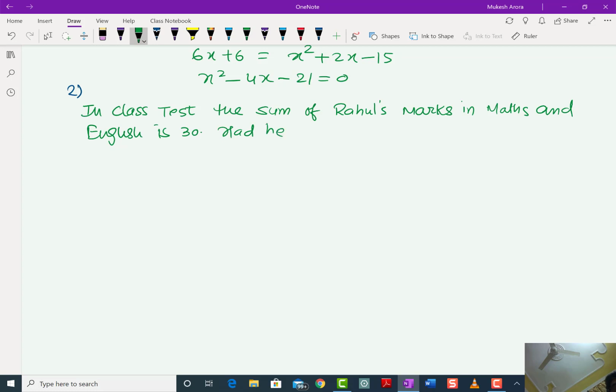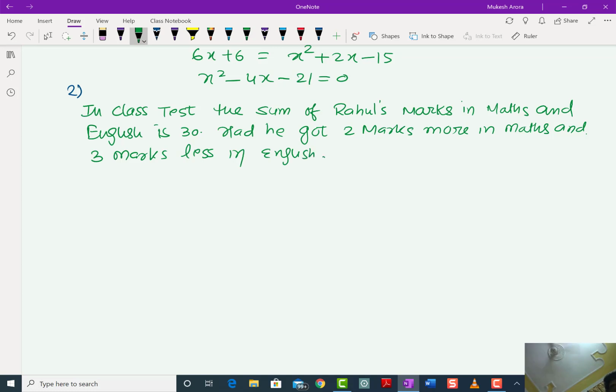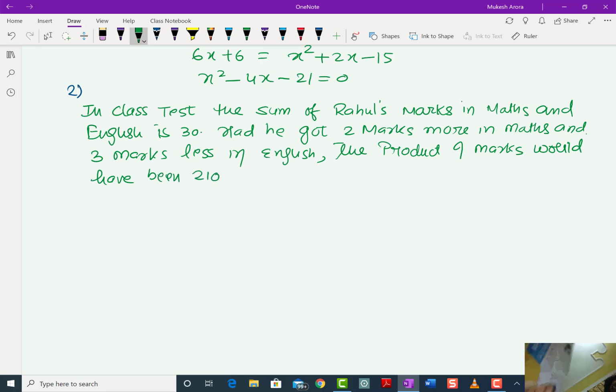Had he got 2 marks more in maths and 3 marks less in English, the product of marks would have been 210. Find his marks in English and maths.